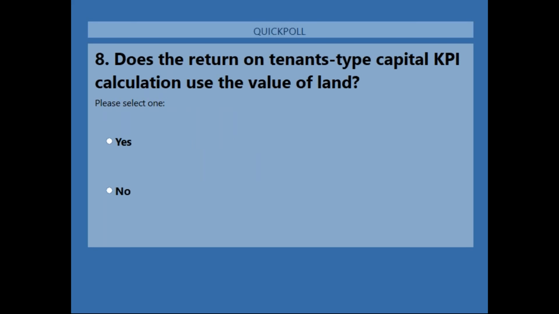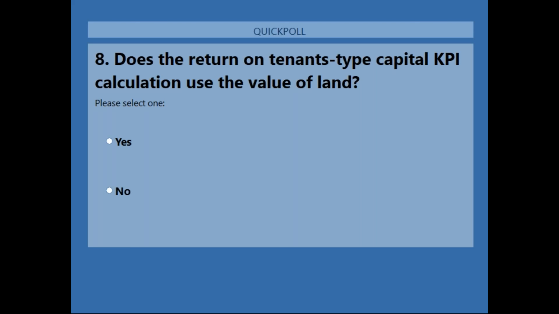Right. So question 8, does the return on tenants type capital KPI calculation use the value of land? So did we use the rental value of land in calculating return on tenants type capital? Does it involve the value of land, full stop?